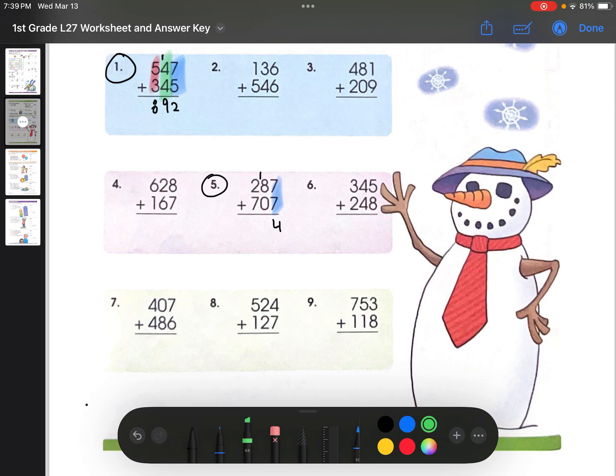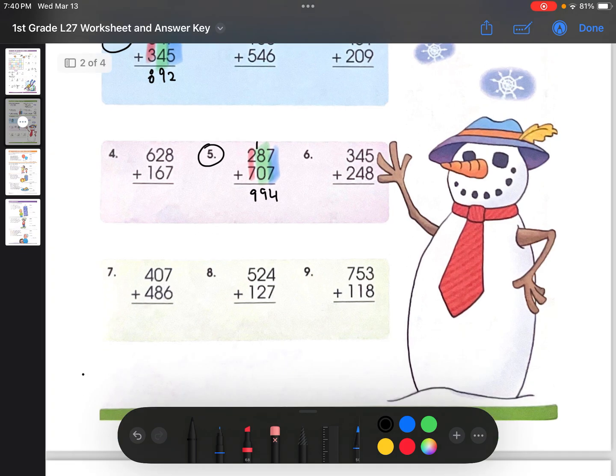And then when we do the tens place, we can do 1 plus 8 first, which is 9, and 9 plus 0 is still 9, so 9 will go in the tens place. And then our hundreds place is last. 2 plus 7 is also 9. So the answer is 994.